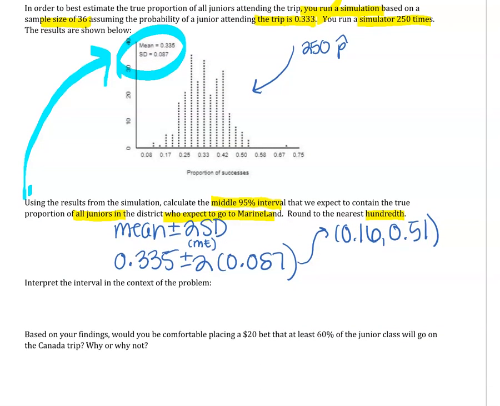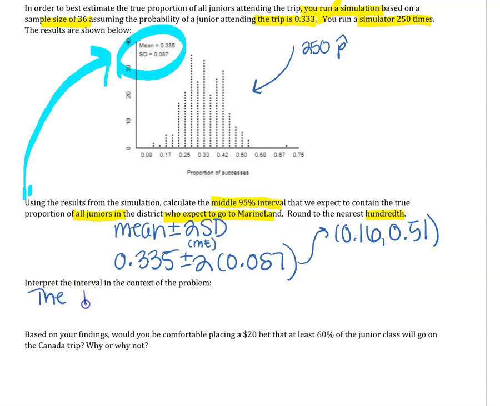So this interval, like what does it even mean? It means the true proportion of all juniors in the district. So if you were to actually ask every single junior, you can be reasonably confident that the proportion of juniors going on the trip is somewhere between 16% and 51%.